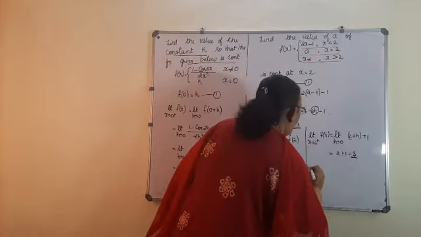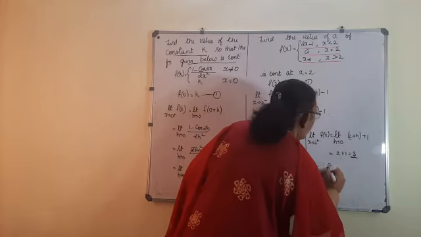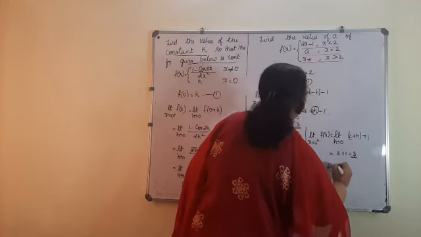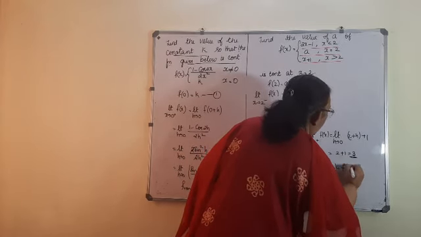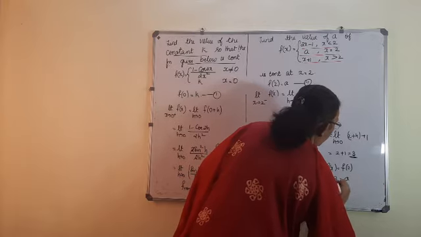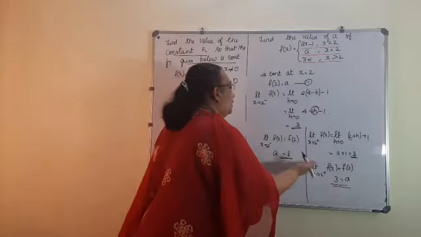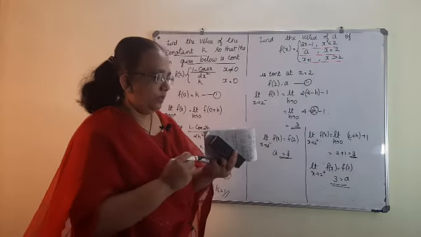By the continuity property, limit x tending to 2 plus f of x is equal to f of 2. That is f of 2 is equal to a, and that is equal to 3. Either you can take a left limit or right limit and get the value for the constant a.